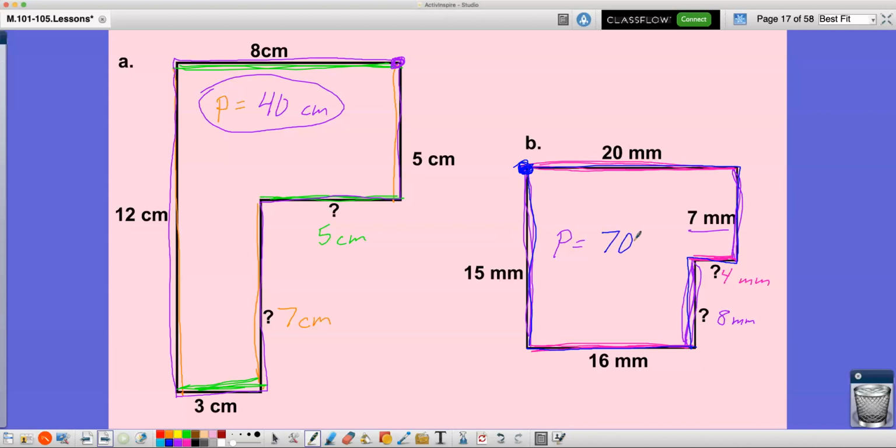So the perimeter of this value should be 70 millimeters. And I just want to double check that again. I'm going to do the math. 4 and 16 is 20. And then plus that, it'd be 40, that'd be 55. And then if I had 15, 55 plus 15 would be 70, right?